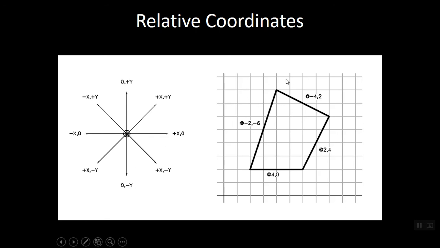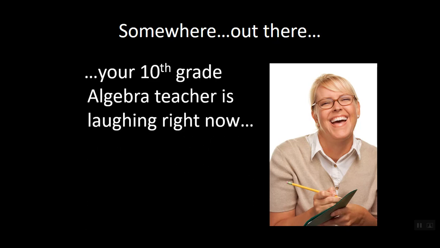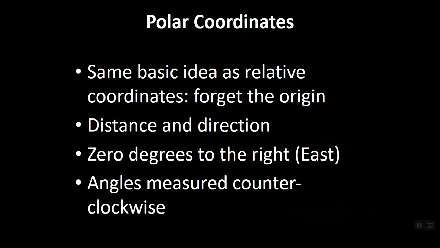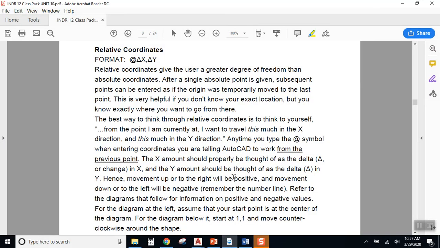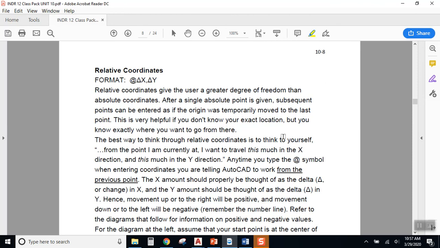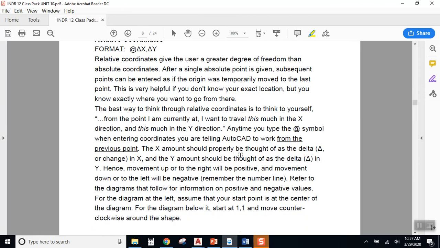All right, so here's our example of relative coordinates. And I hate to say it, but at some point in algebra, they talked about all this stuff, and you thought, when am I ever going to use this, right? So what we want to do is have a chance to get some hands-on. At page 10.8, there is some description about how relative coordinates work.